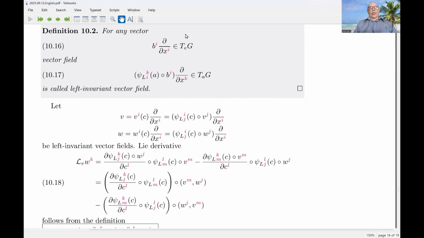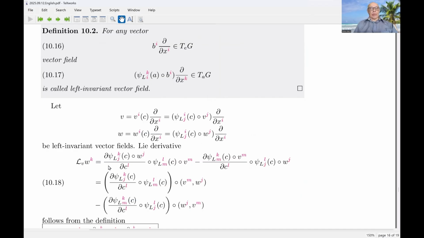For any vector 10.16, vector field 10.17 is called a left invariant vector field because left shift does not change this vector field. Let V and W be left invariant vector fields.